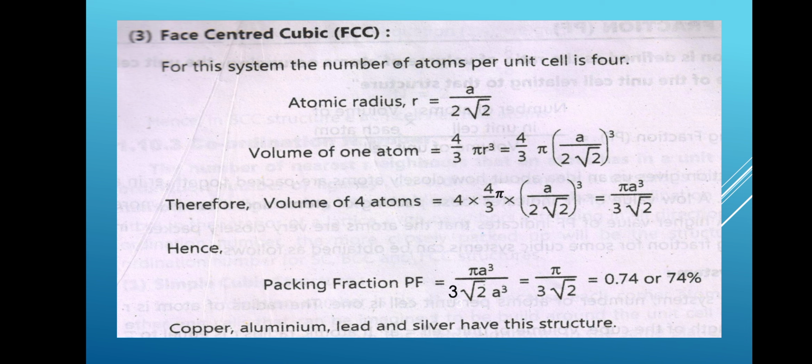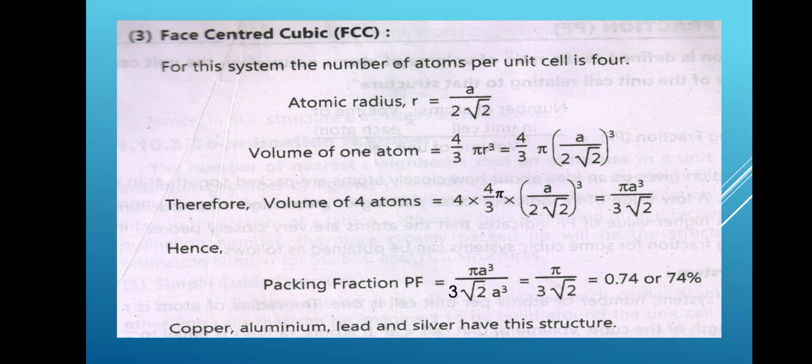Therefore, volume of 4 atoms is equal to 4 into volume of 1 atom, equal to 4 into 4 pi by 3 into a divided by 2 root 2 cube, equal to pi a cube divided by 3 root 2.